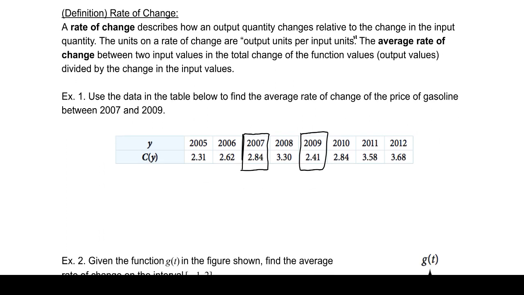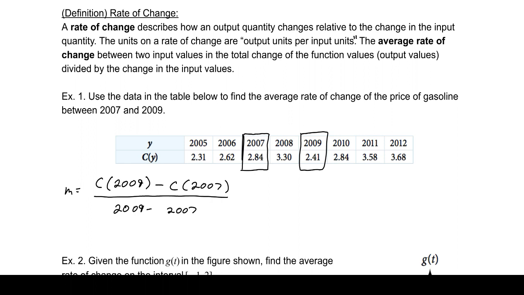The way I'm going to write this is my rate of change, I'm going to use m for that because we often use that with linear functions. m is C of 2009, that's our function name, minus C of 2007, divided by 2009 minus 2007. So the output values at those 2 years divided by the change in the input value. So change in output divided by change in input.